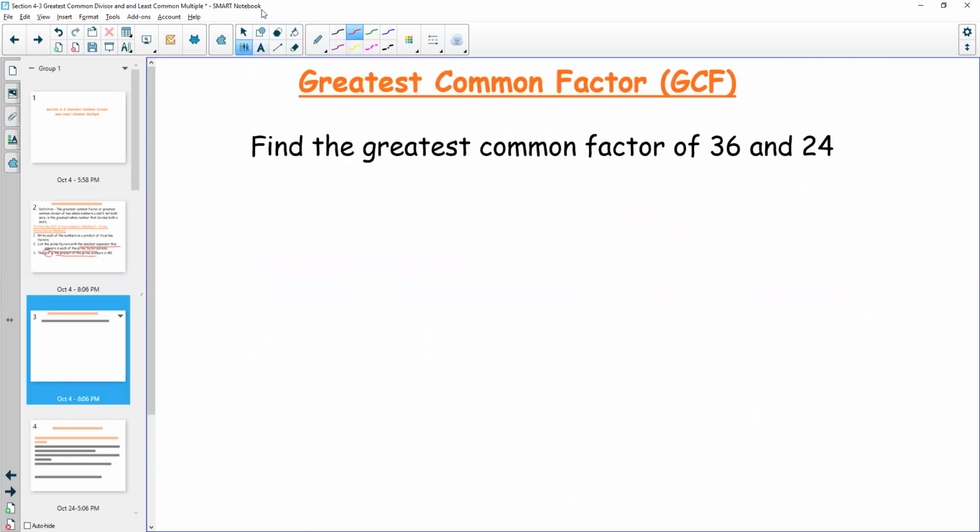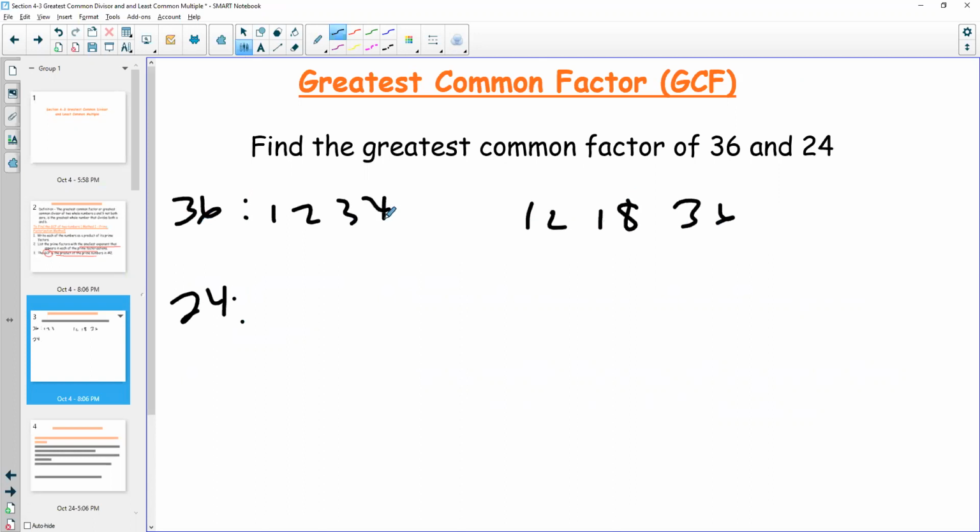Before we do the prime factorization method, let's find the greatest common factor of 36 and 24 any way you like. For me, you just think about the factors. For 36, I've got 1 and 36, 2 and 18, 3 and 12, 4 and 9, 6 and 6.